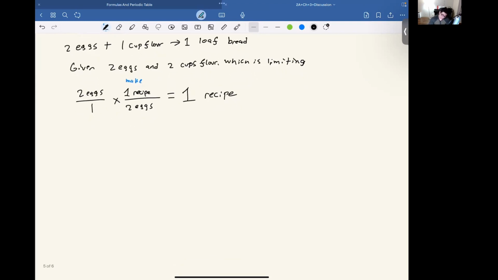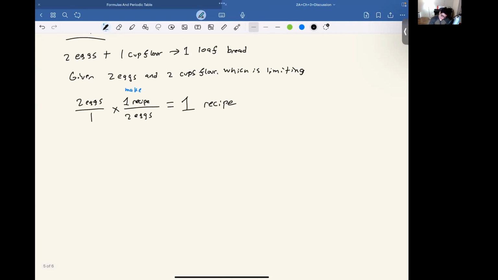Great. Now going down to flour, let's do the same thing. So for 2 cups of flour, I promise this will make sense as to why I'm doing this with limiting reagent. So 2 cups of flour, I'll just do FL, is what we start with. And then for every one recipe, it only costs me 1 cup of flour. So overall, I get to make 2 recipes, right?